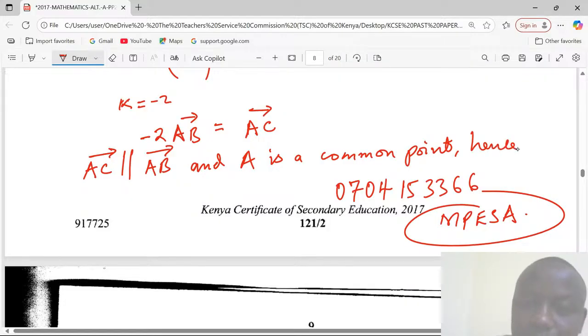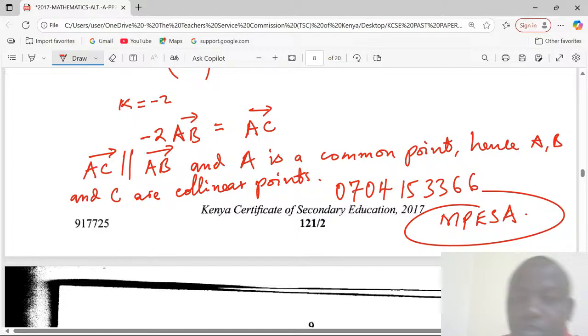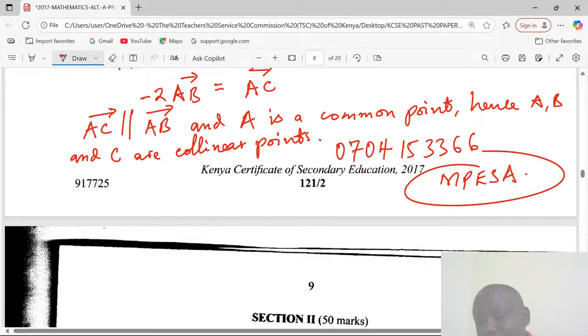Hence A, B, and C are collinear points. So to show that points are collinear, we just check that two vectors expressed from the points are scalar multiples of one another, and that they have a common point.